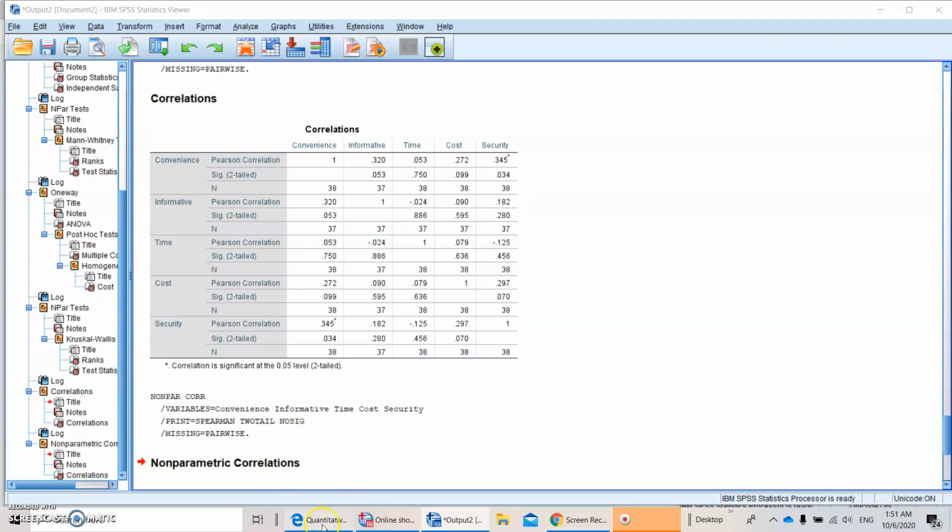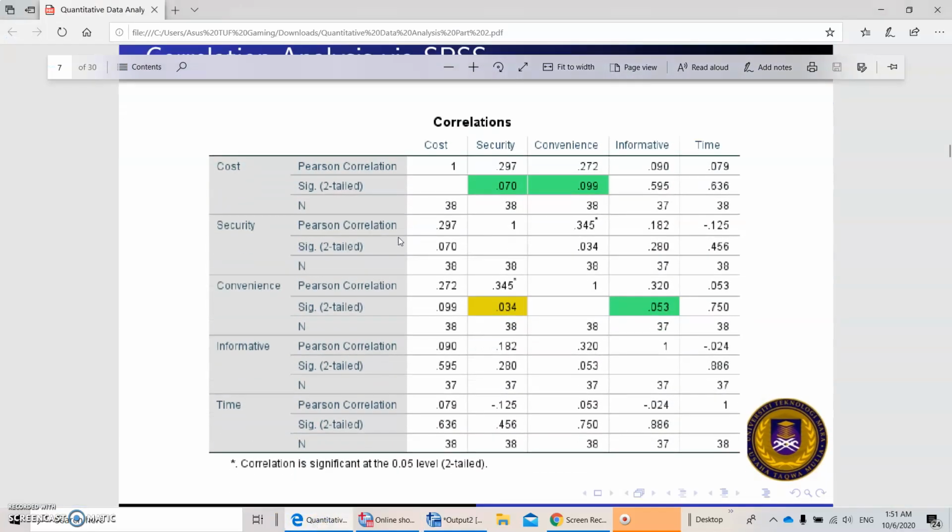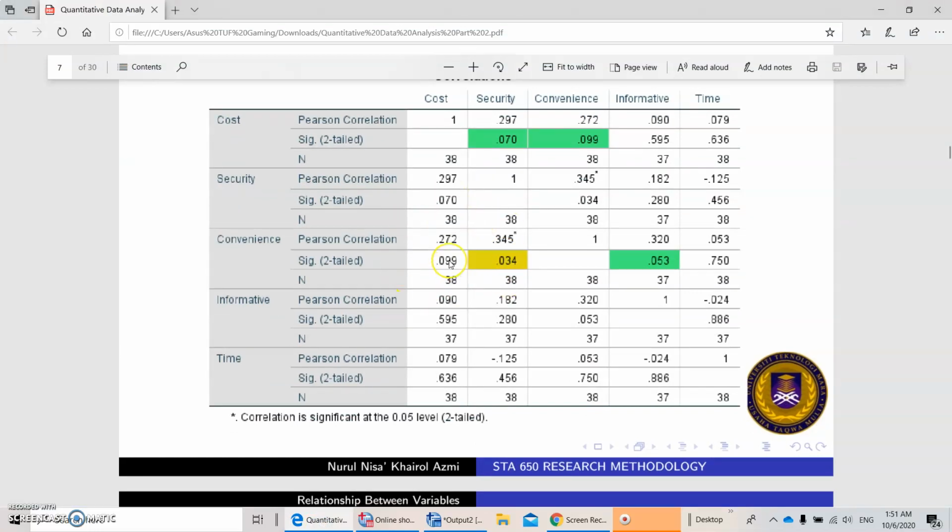So actually I have already made a summary here. Based on the Pearson correlation, there is only one pair of variables that has a significant relationship at 0.05, which is convenience and security.